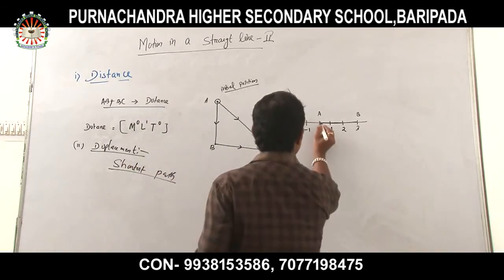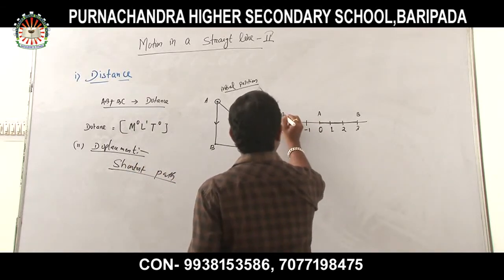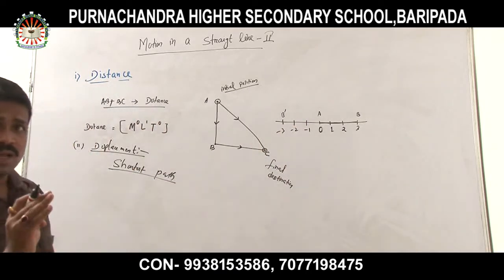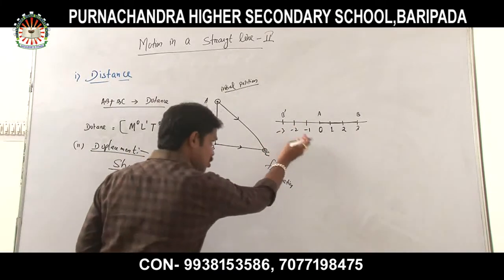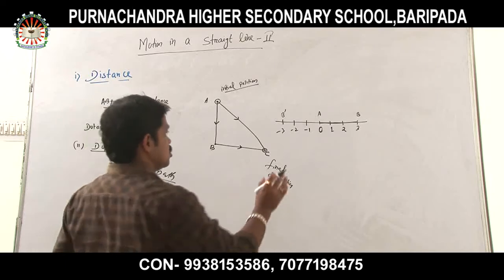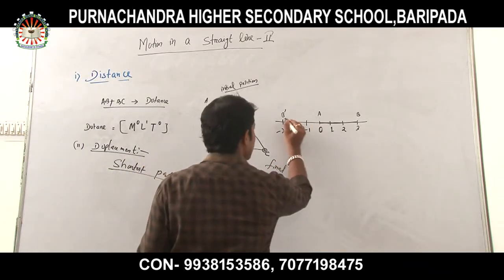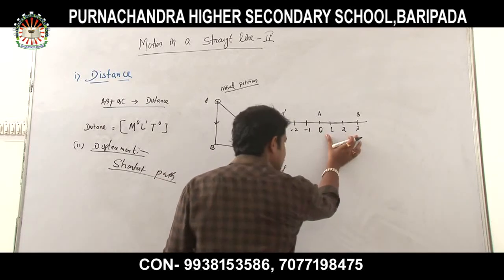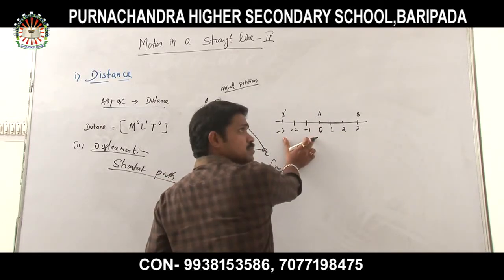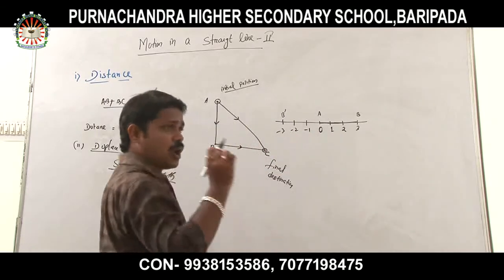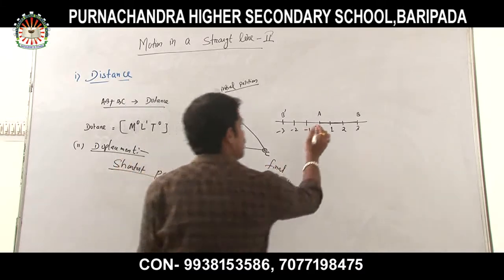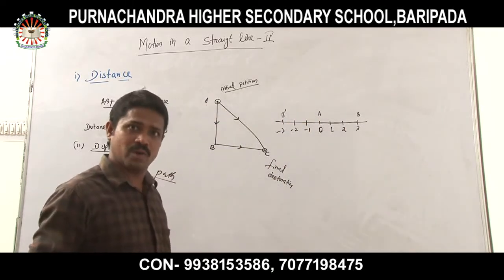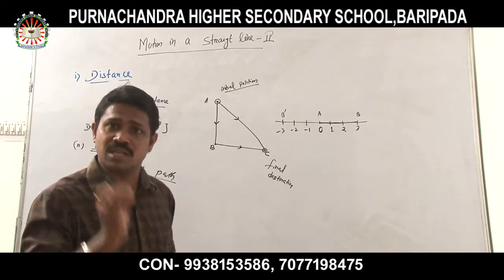Now if it starts from A and goes to B dash, which is at the same distance but to the left of A, then the distance from A to B dash must be equal to this distance. The distance remains the same, because distance is a scalar quantity.